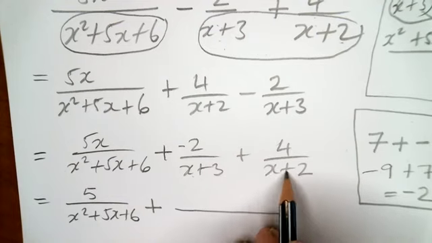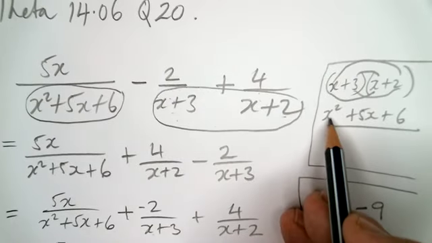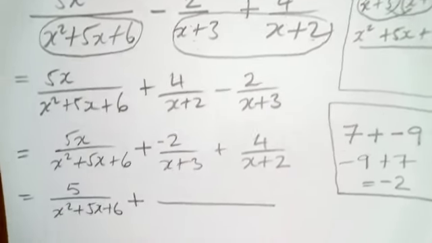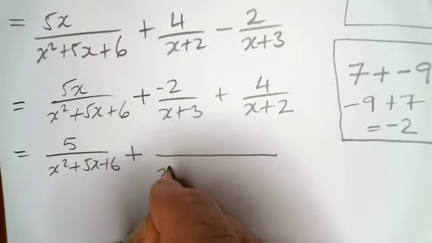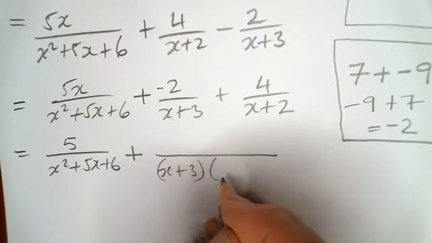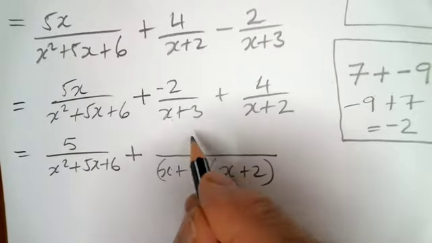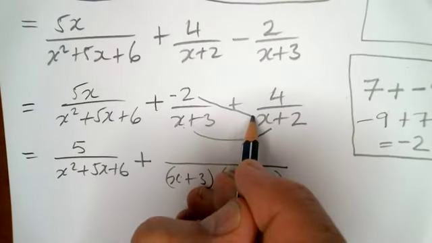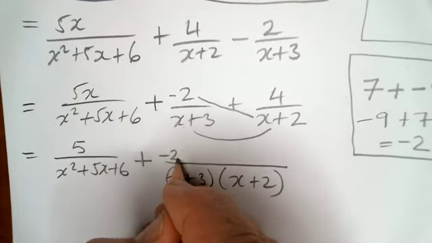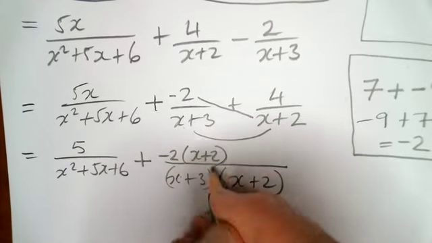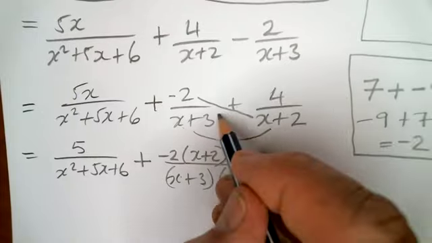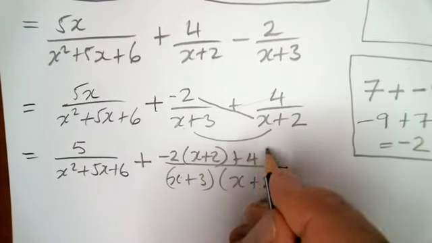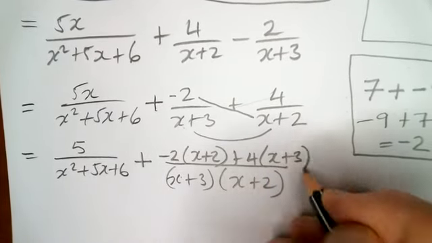This times this we've already established is equal to x squared plus 5x plus 6, but I'll write it out just for fun: x plus 3, x plus 2. In other words, I'm multiplying the two denominators. Then I'm multiplying this numerator by this denominator, which is negative 2 times x plus 2. I've got a plus in the middle, and a 4 times x plus 3.